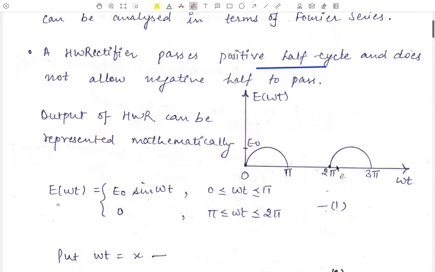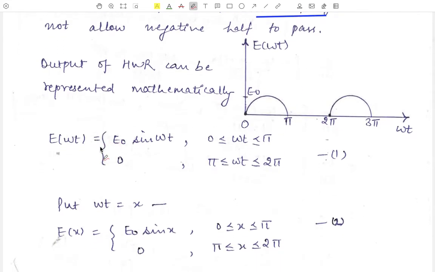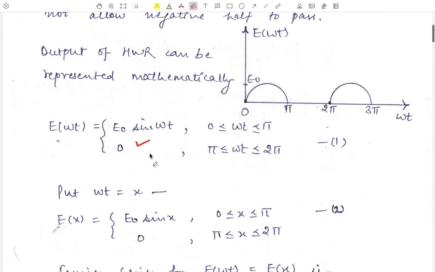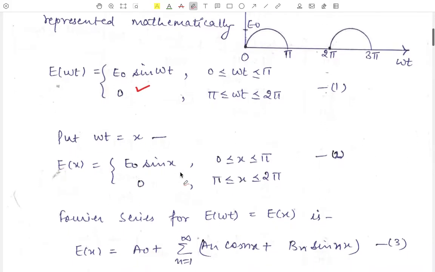Okay, this output can be represented mathematically like this: E(omega t) is equal to E naught sine omega t for omega t lying between 0 to pi, and for omega t between pi to 2 pi the output is 0 like this. Okay, put omega t is equal to x and we get E(x) is equal to E naught sin x for x 0 to pi and 0 for x pi to 2 pi. Say this is equation number 2.